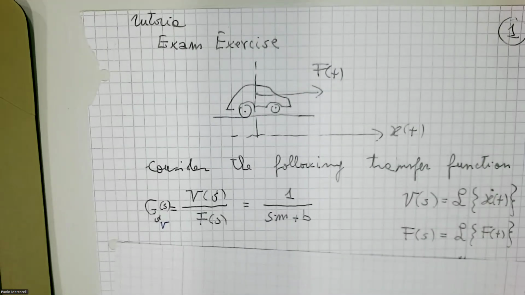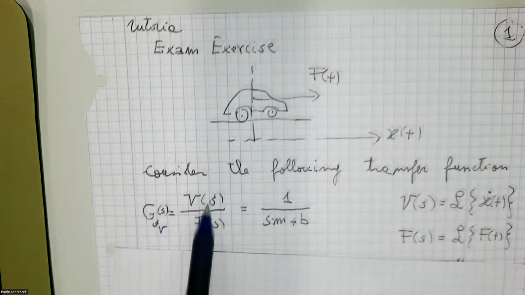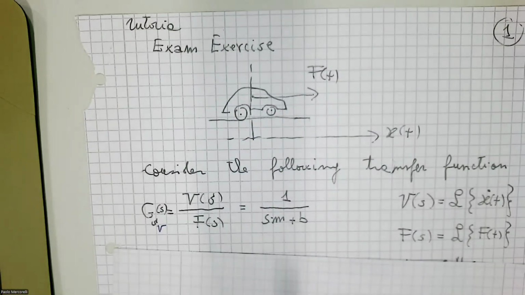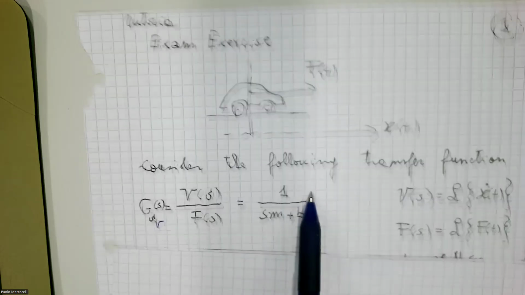It's easy to see because this is connected with the concept that the velocity, or better to say, the position is the integral of the velocity. We agree on this. This means, think about it: V(s), excuse me, V(s) is equal to this transfer function multiplied by F(s). Did you agree?